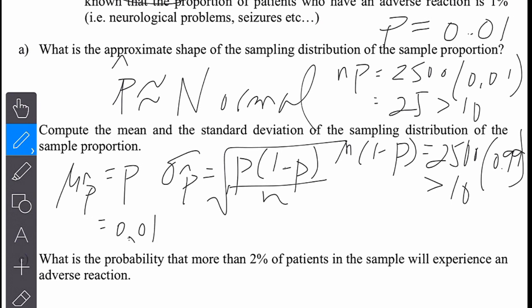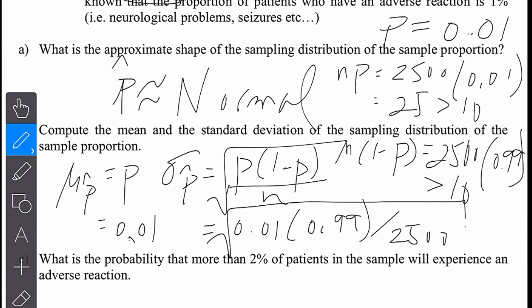the standard deviation is going to be 0.1 times 0.99 divided by 2500 with a square root. All these answers are in the notes, but I'm spelling it out for you if that helps.